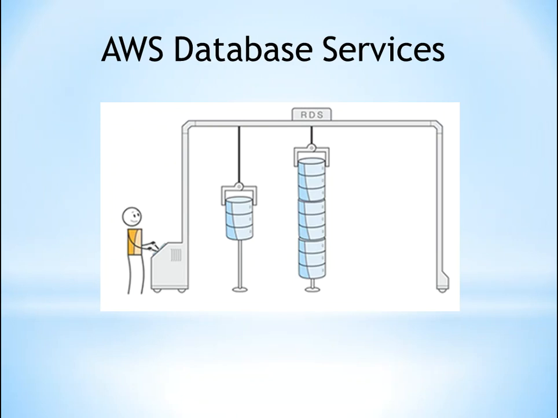About Amazon database services: Amazon provides multiple database services like RDS, as you can see in this pictorial representation, and Lambda services, DynamoDB. There are many more services.